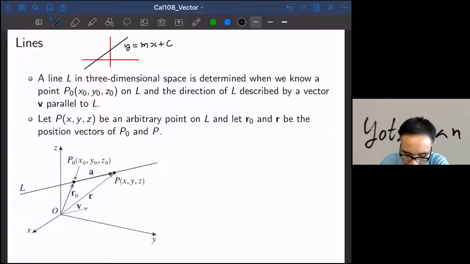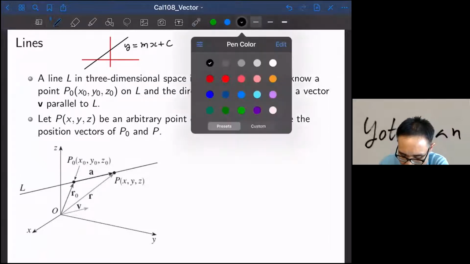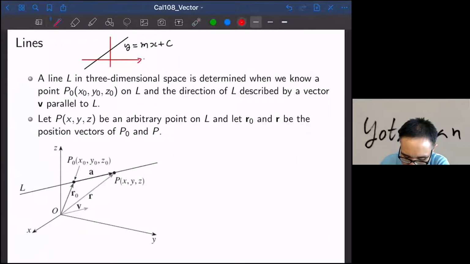Here m is the slope, and c is the intercept.